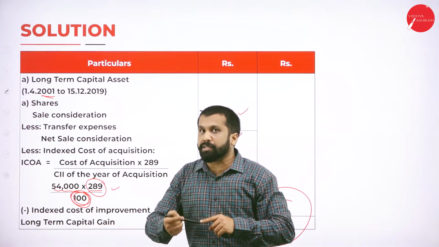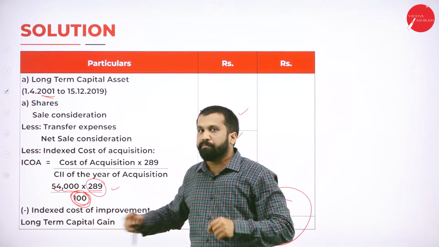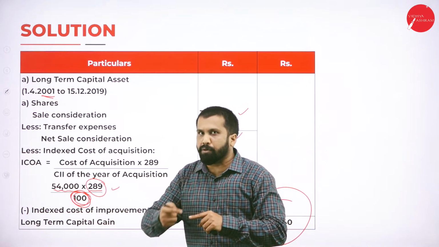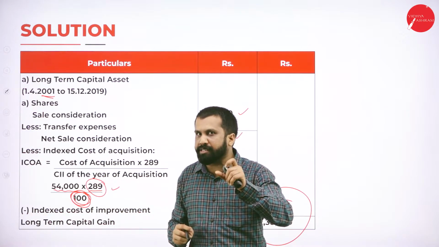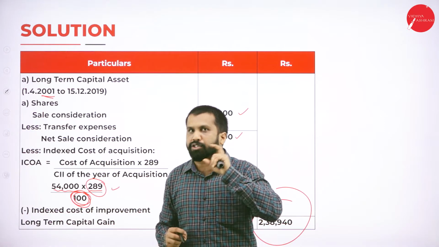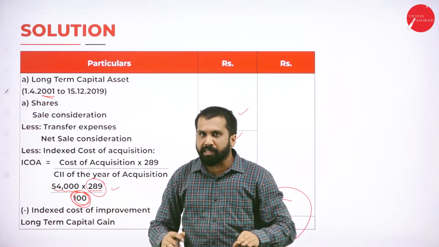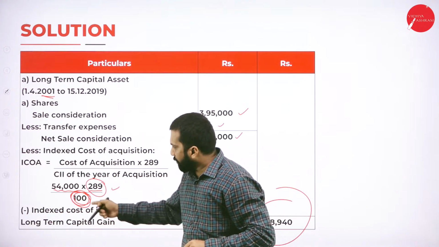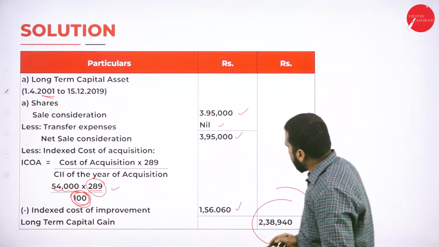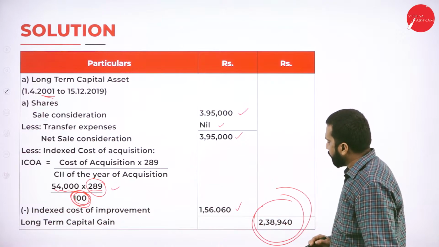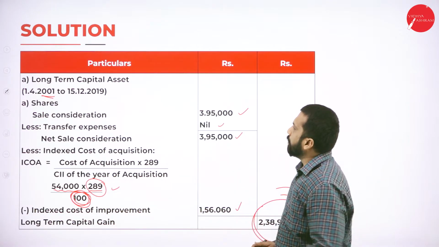If it is 2002, 2003, 2004, 2005, every year has one indexation number, and it will be given in the question paper itself. If it is 2001, they will not give it, because we must know that it is 100. Now, calculate your final answer: 2,38,940. Now, I'll go back.